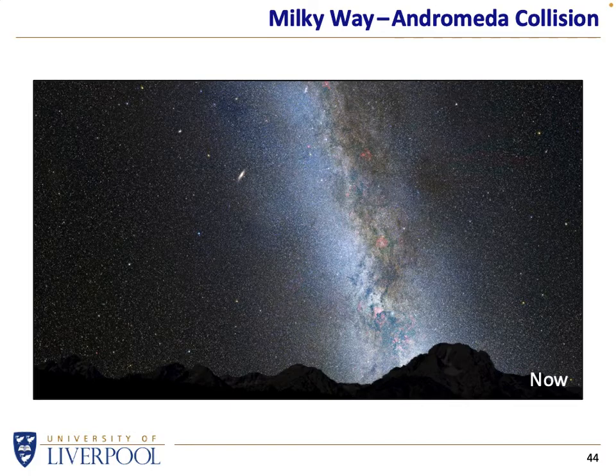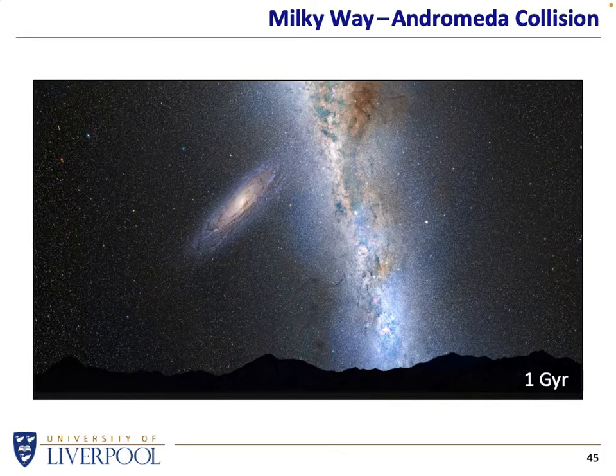That simulation gives us an idea of what was going on, but I think more graphic is what would it actually look like from our perspective? We live in a galaxy in which the Milky Way is a band of light across the sky, and the Andromeda galaxy, although it's a huge galaxy, only occupies about that size in the sky. It's about the size of your thumb. But it is thought that in time, the Andromeda galaxy will start to move towards us.